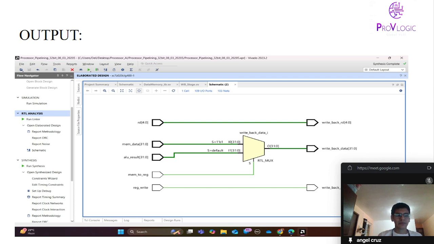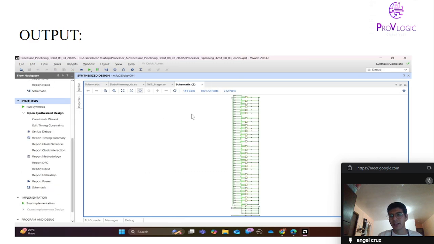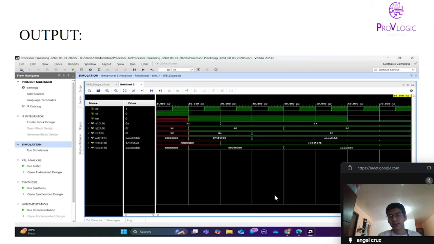So it is not that complicated. We got the output of the schematic, with some of the modules that we previously mentioned: the multiplexers, the register files, and the branch prediction unit. And here are some of the outputs.